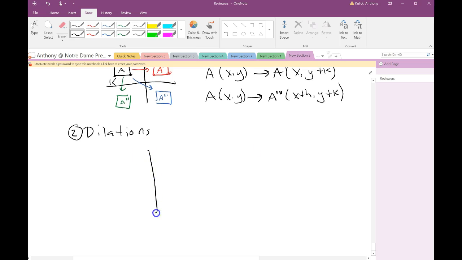We also, another type of transformation were dilations. So you can have 2 types of dilations. You can have one that stretches it vertically or shrinks it vertically.